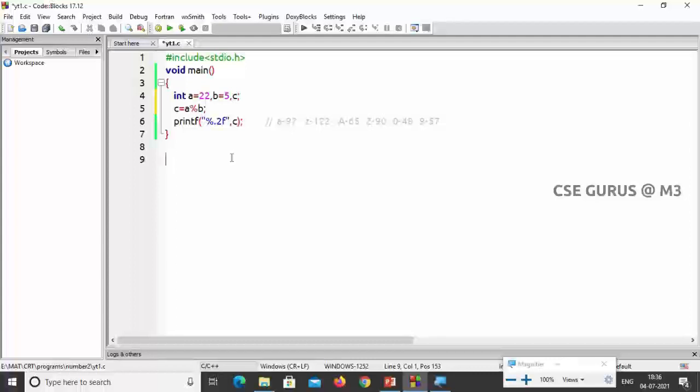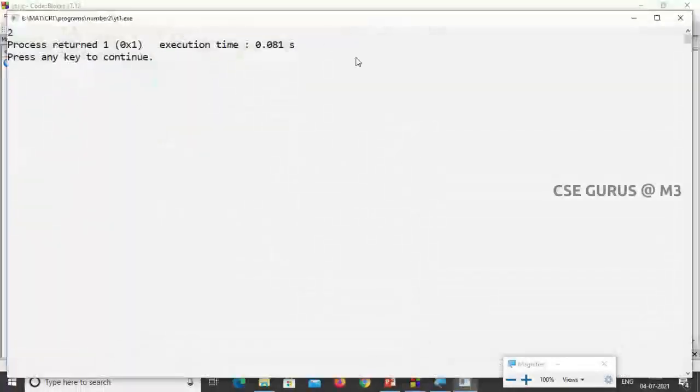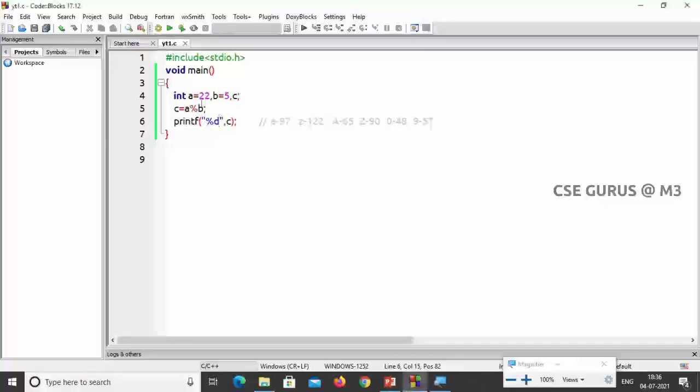So we'll get that remainder value when you go for percent. Can observe the output. One mistake here, it's percent d, not f, right? C is an integer I have taken. So now you can observe, 2 is the remainder, right?